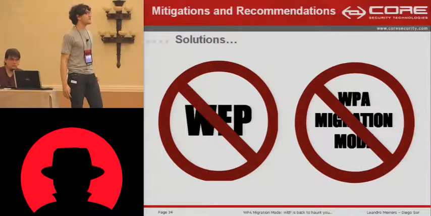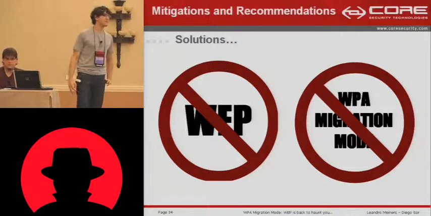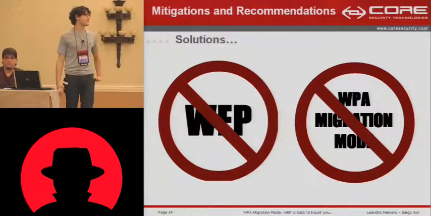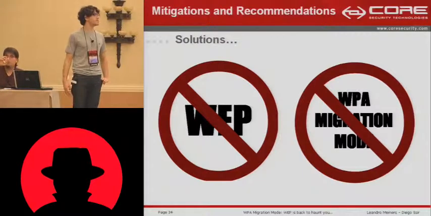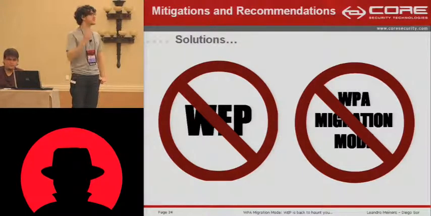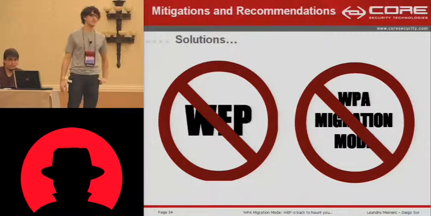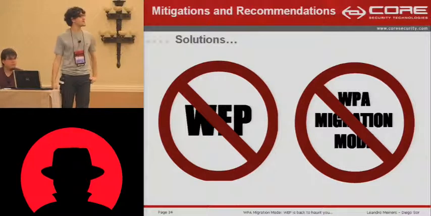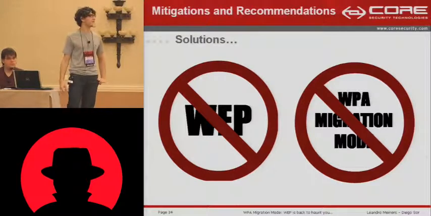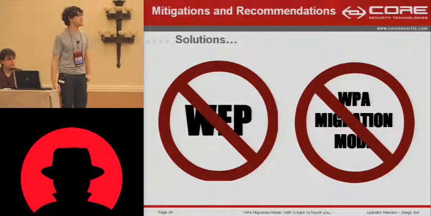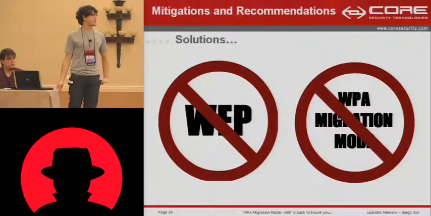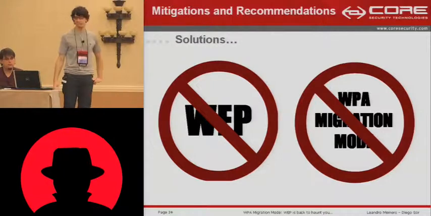And turn off WPA migration mode if you are finished with the migration process. If your WEP stations are not there anymore, turn off this option, because as Leandro showed, the WEP key can be cracked and an attacker can connect to the AP to then attack the rest of the stations.